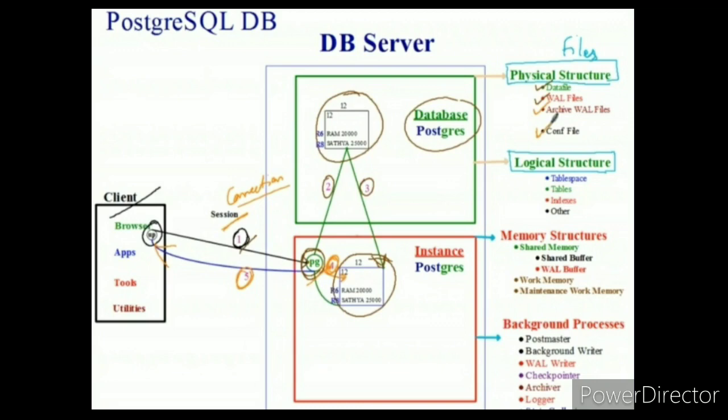Each database has a separate tablespace. So this is the main advantage of Postgres. Next, one table can be accessed by different databases, and different databases can be accessed by different users. So this is the logical structure of the database. So here we completed the overview of the Postgres database architecture.